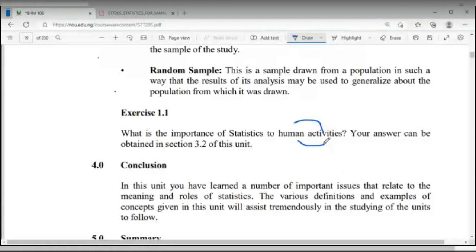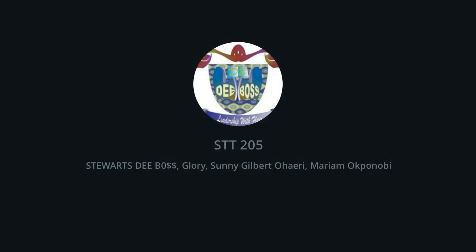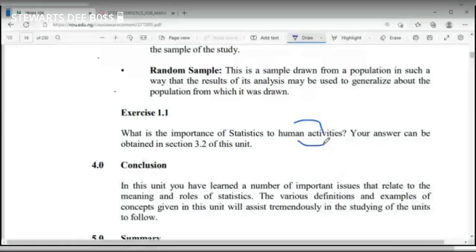Now, when we obtain the result from the population, it is called a parameter. And when we obtain result from a sample, it is called a statistic.